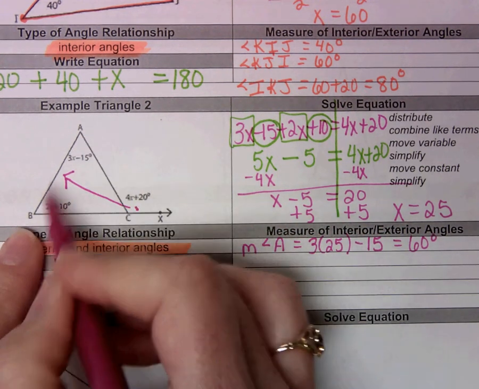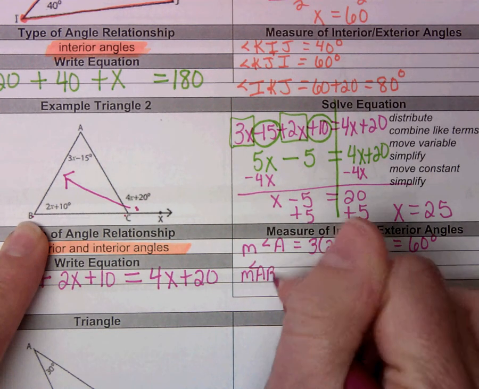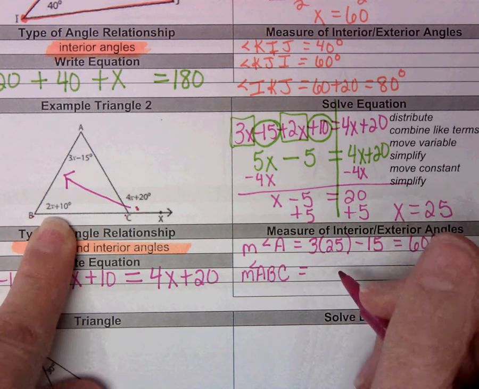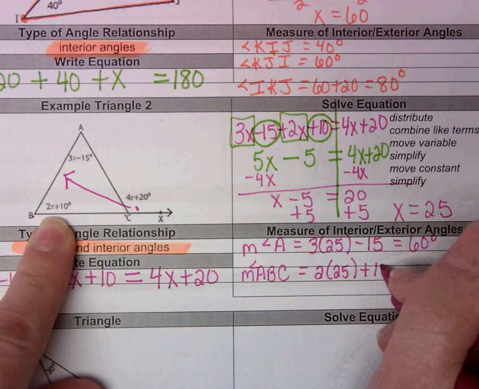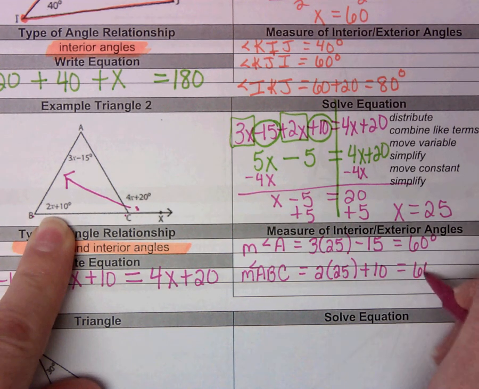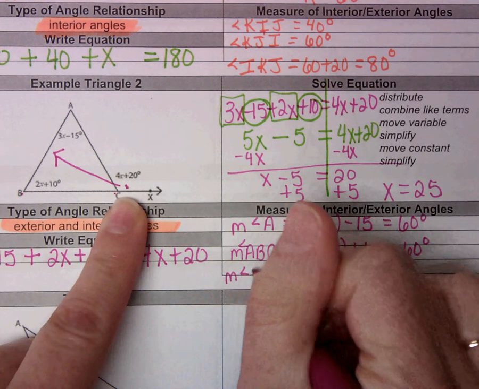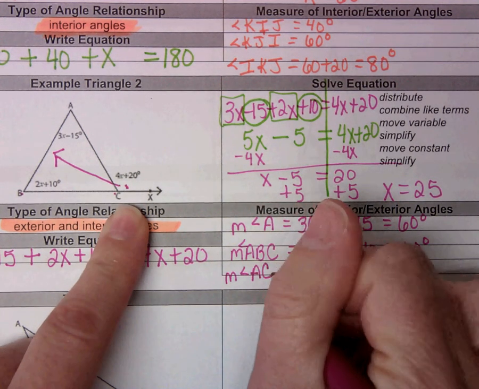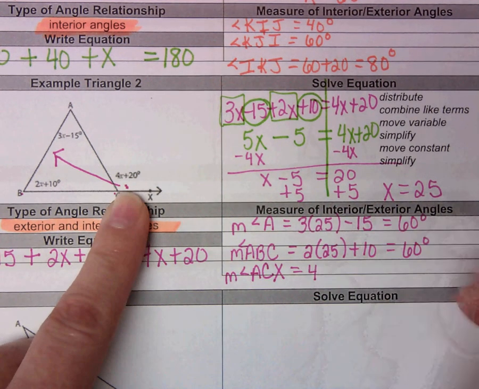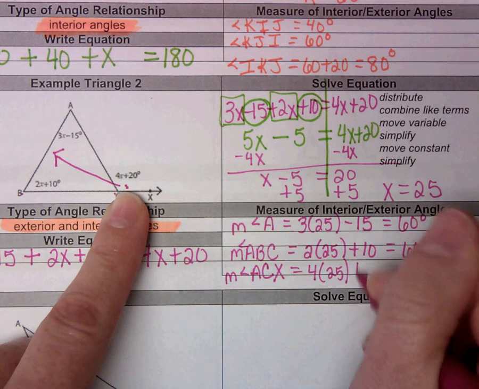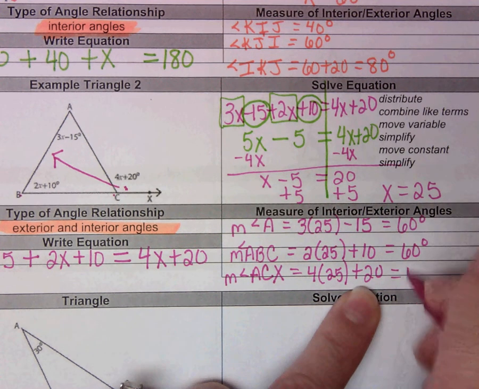The measure of angle ABC, or just angle B, is 2x plus 10. So I say 2 times 25 plus 10. So that would be 50 plus 10, which is 60. And then our exterior angle, let's see, ACX, you can see that X right there, is 4x plus 20. So 4 times 25 plus 20, that's 100, plus 20 is 120.